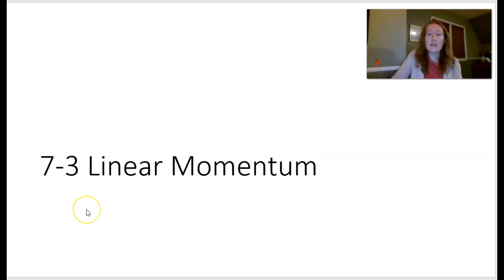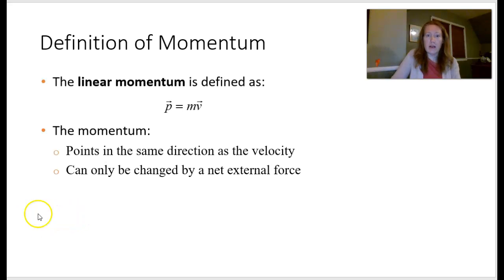The idea of linear momentum is not complicated. It is mass times velocity, and therefore momentum is a vector. It has the little arrow symbol. It is given by the variable p, not sure why. Its units are kilograms times meters per second.